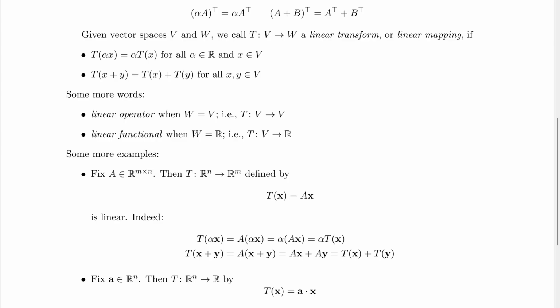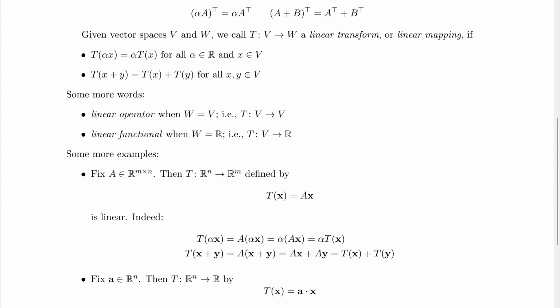And indeed, the proof of this is pretty much the exact same proof we just saw, but with different symbols. But all of the same sort of principles apply. We know something about how dot products behave with respect to these operations.